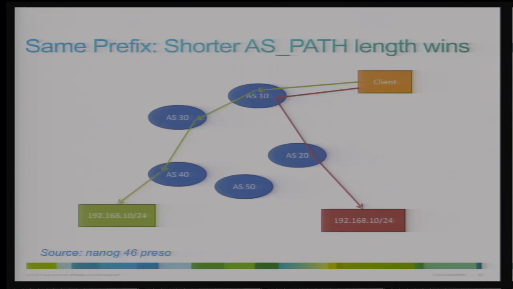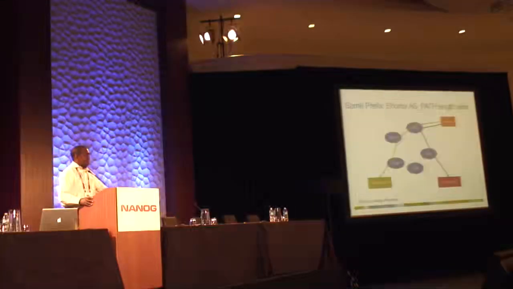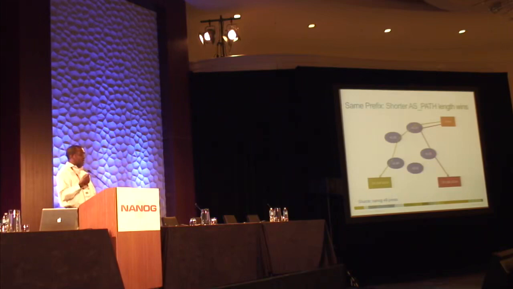So AS10 picks AS20. So the client that's trying to reach 192.168.10 is actually sending its traffic somewhere else, maybe a forged service, or maybe just getting black-holed there. But if there was a mechanism for AS10 to validate whether AS20 can legitimately originate that prefix, then AS10 would block that advertisement and not prefer that particular path.